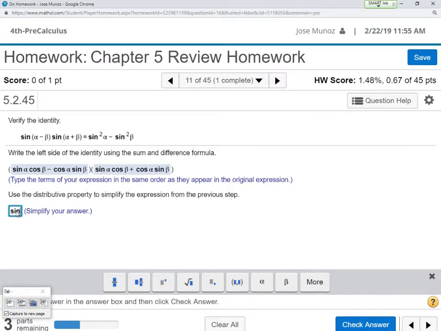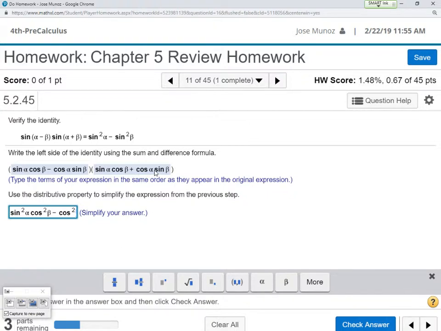sine square alpha cosine square beta. Well, let me get away with getting rid of the middle parts. Minus cosine square... Wait a minute, why do I have an alpha?